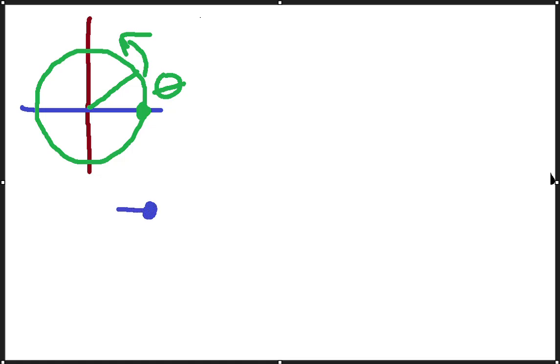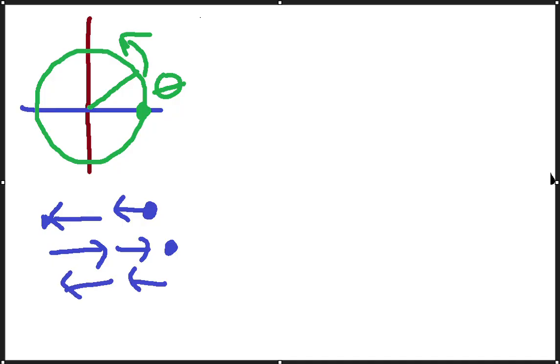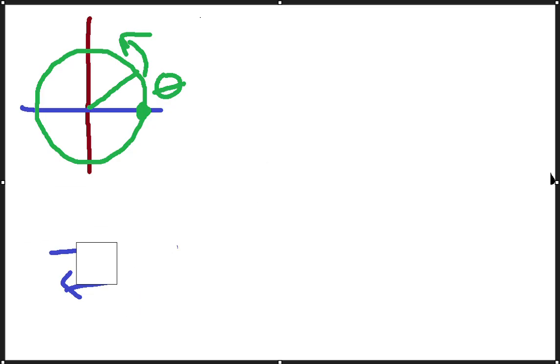It will go in this direction, all the way to the left until it reaches its furthest leftward point. Then it will go back until it reaches its starting point horizontally, and then back and back again.